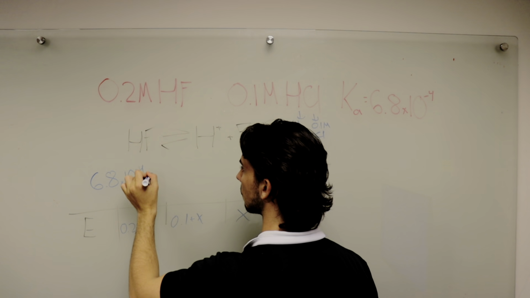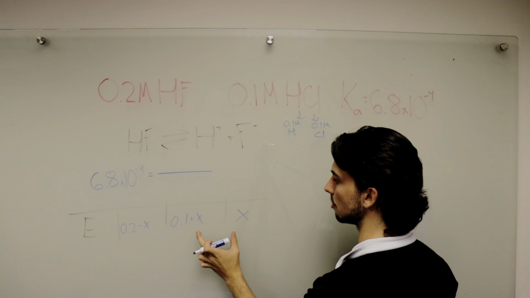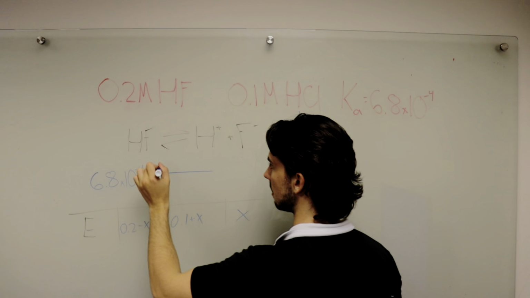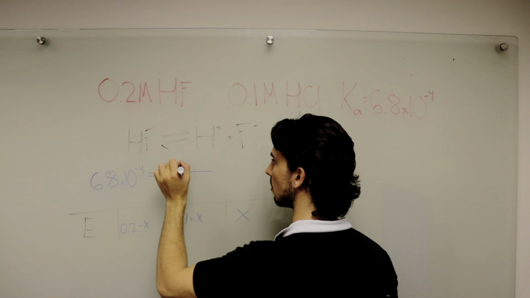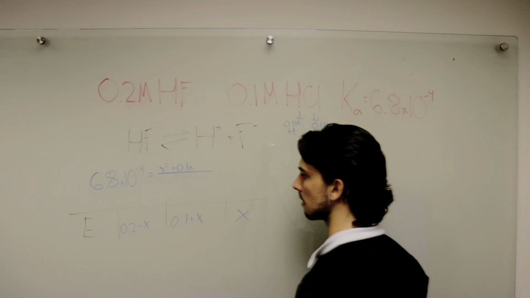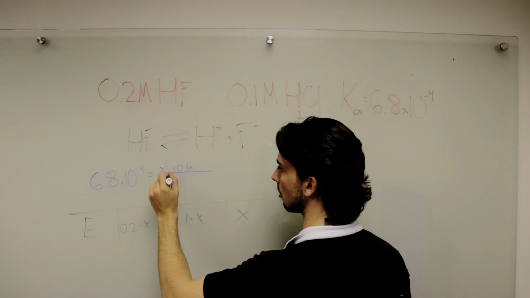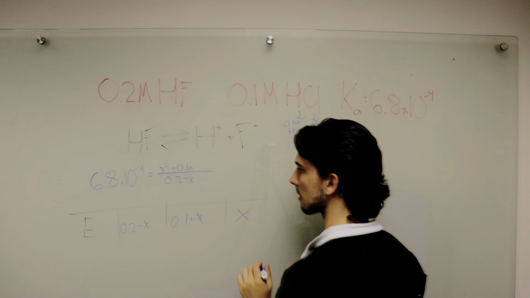We multiply the concentrations of the products, hydrogen and fluoride, to get x squared plus 0.1x, over the concentration of the reactant at equilibrium, which is 0.2 minus x.